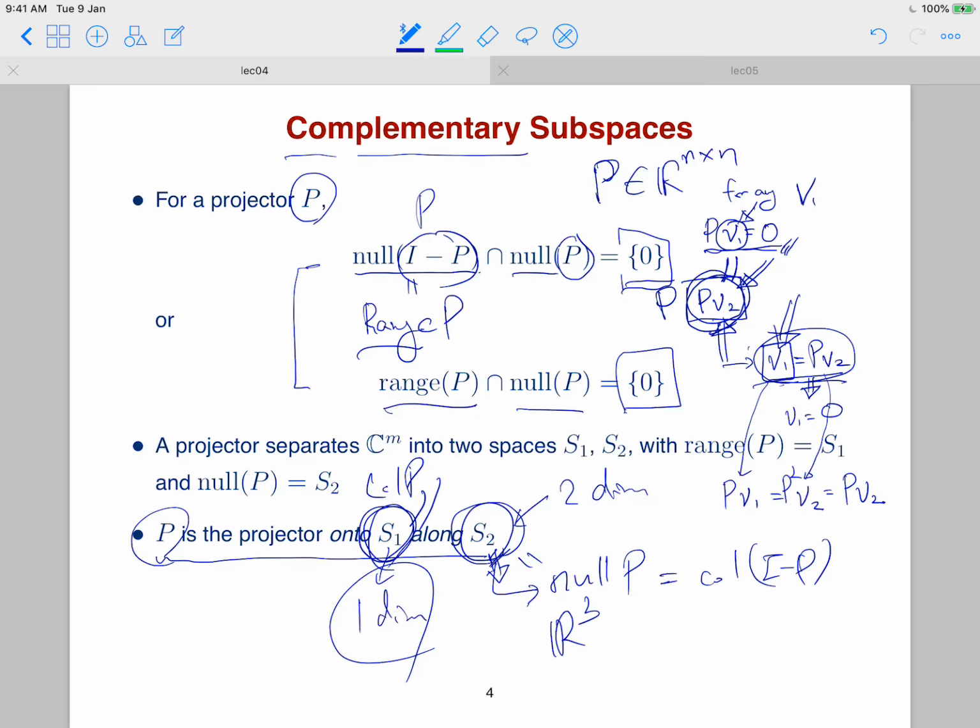S2 is something like this. This two-dimensional space is our S2, and it contains those light shedding directions in this particular example.